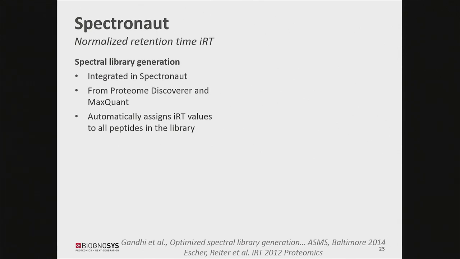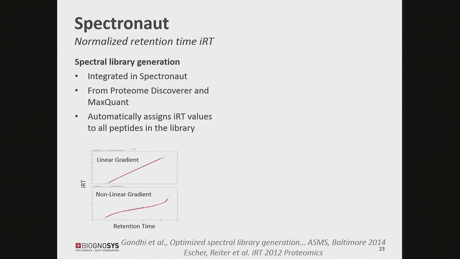So let's imagine you generate a spectral library, let's say with Spectronaut. If you have your IRT peptides in your sample, you can determine IRTs for all the tens of thousands of peptides you have measured in shotgun. Spectronaut can do this automatically. So if you generate a spectral library, all the peptides measured have an IRT assigned to them.